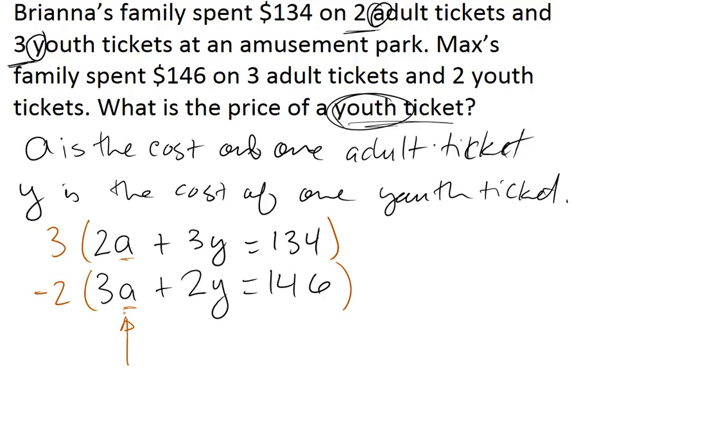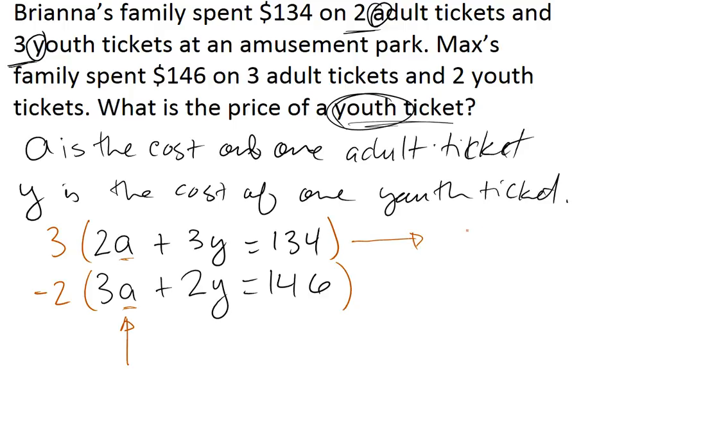And since they're opposites, they'll easily cancel out. So I'm going to go ahead and rewrite each of these equations. Each equation has 2 terms on one side and 1 term on the right-hand side. It's very important when you're multiplying a side of an equation by a value that you multiply all of the terms on that side by the value. So I'm very carefully rewriting this equation.